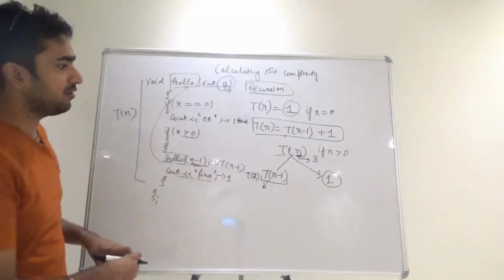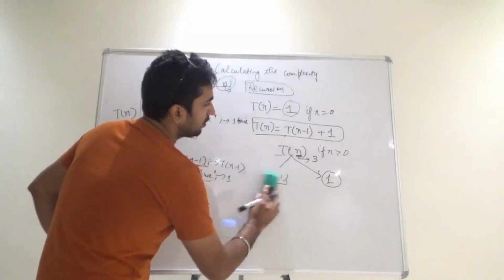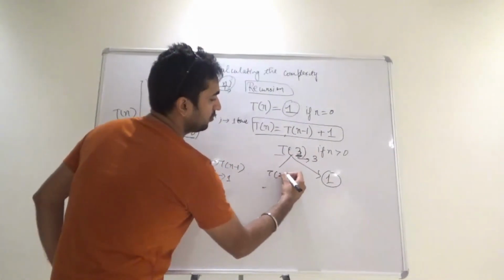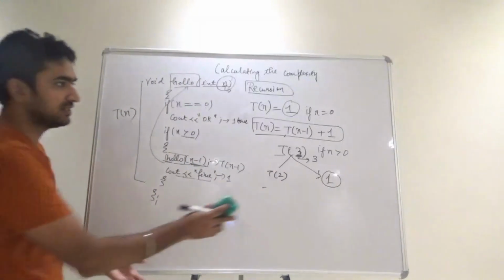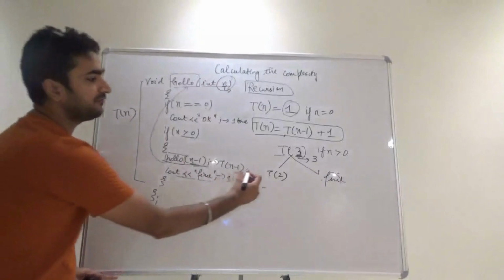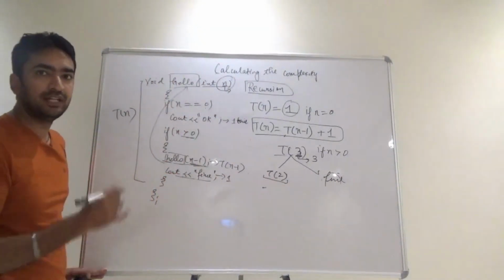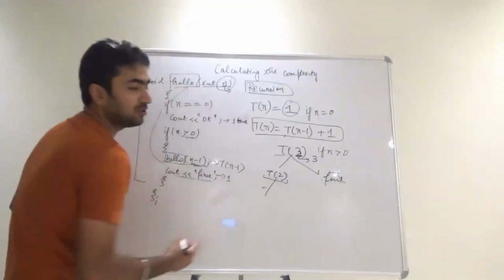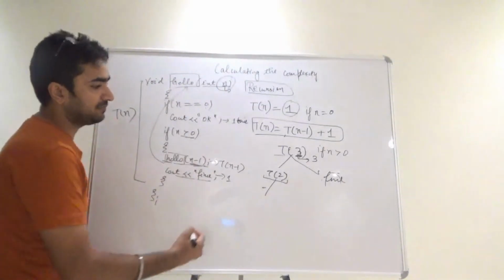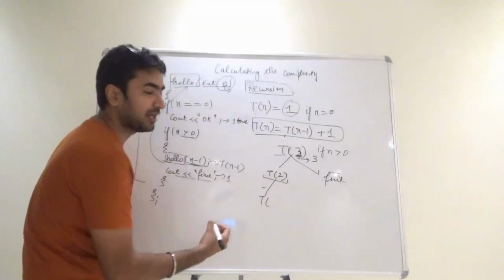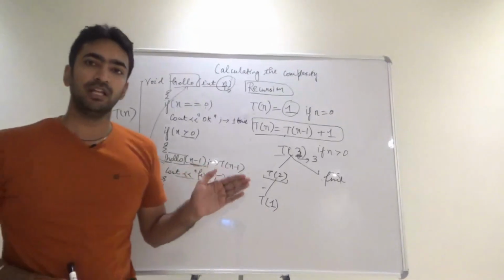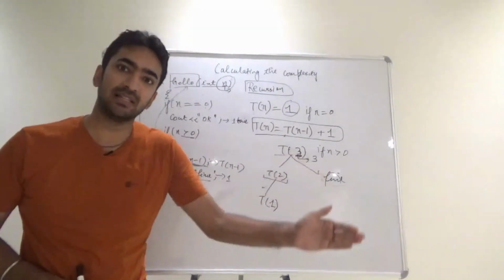Now this is T of 3, we have T of 2, and then there is fine which is displayed. Now what if T of 2 is called? T of n is equal to T of n minus 1 plus 1, so T of 2 would be T of 2 minus 1 plus 1.